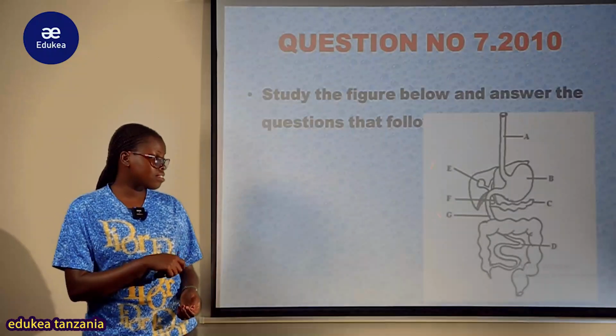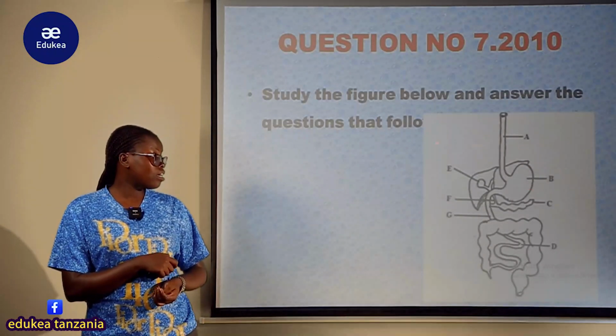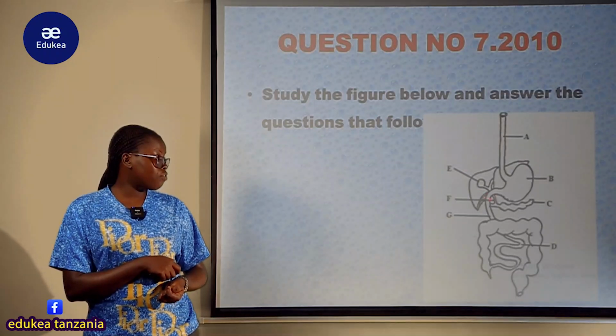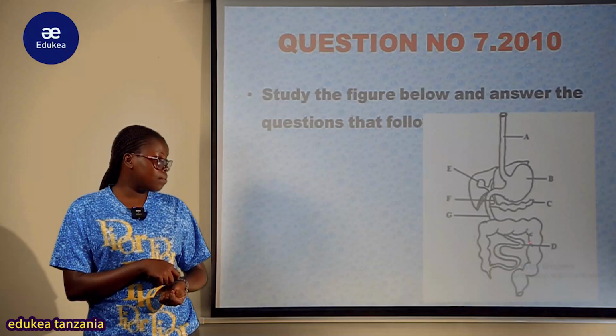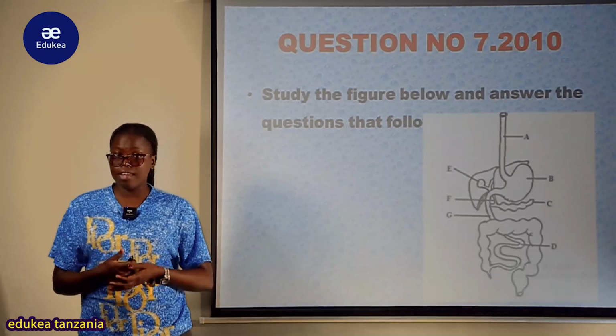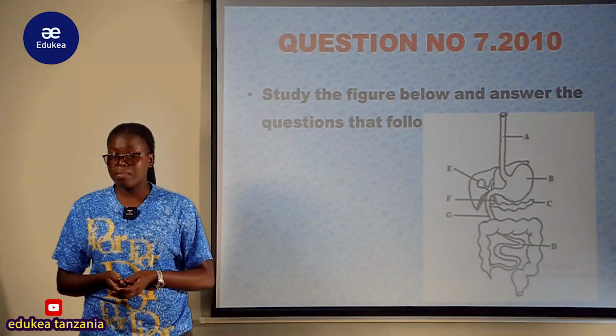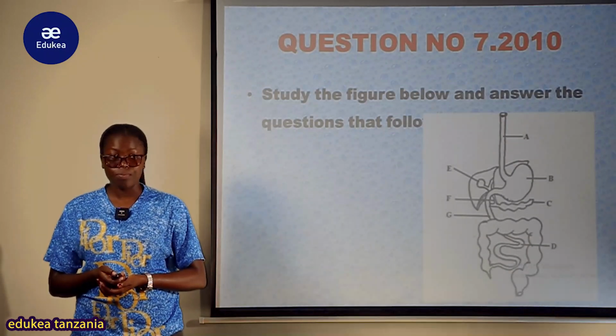Baada ya kujua hizi parts, write it pembeni. A ni esophagus, B ni stomach, E ni gallbladder, F ni pancreatic duct, C ni pancreas, G ni duodenum, D ni small intestine. Hii topic na hii diagram kila kitu ipo available at our media, at Educare Media, topic ya nutrition and it is the Form 2 topic.